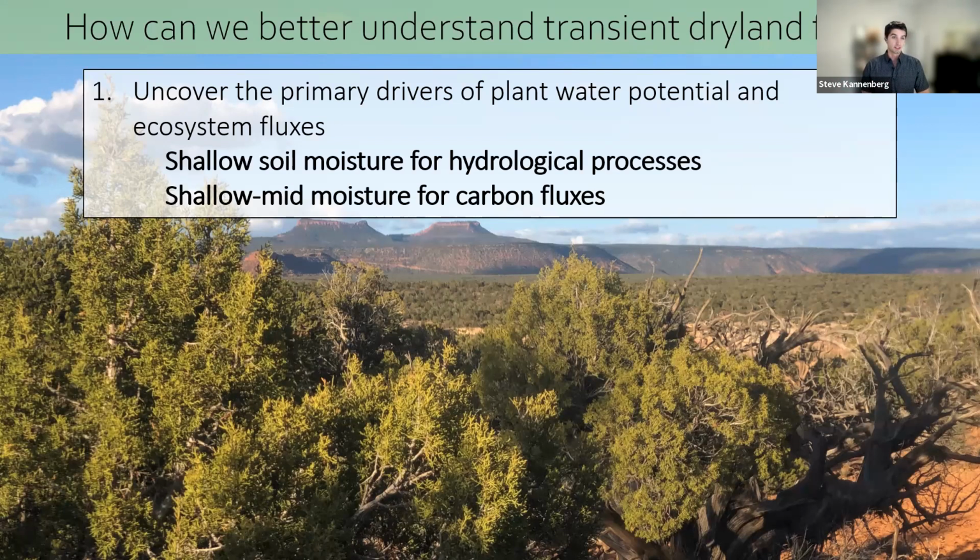I think this result also fits nicely into some of these ongoing debates about the role of VPD versus soil moisture in dictating ecosystem function, and deep soil moisture versus shallow soil moisture. And this is just one piece of the puzzle, but I think what it indicates is that the role of all of these different factors is likely just due to how strongly these drivers are coupled and how much variability over the course of a season there is in these different processes.